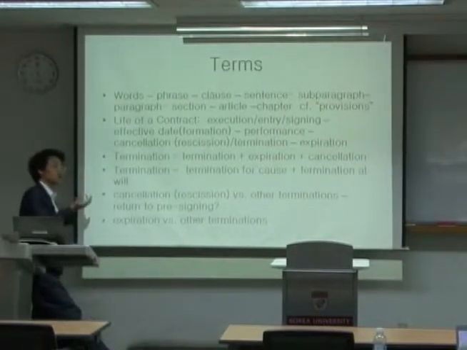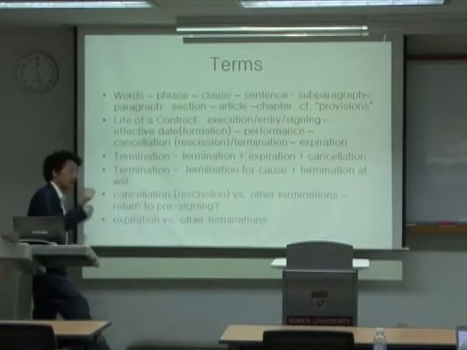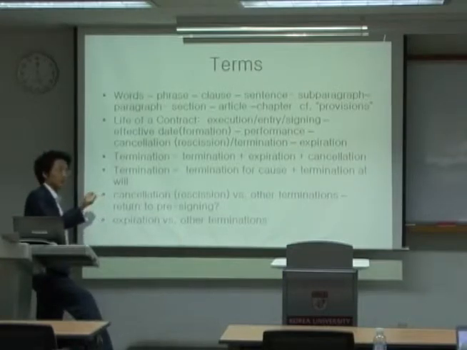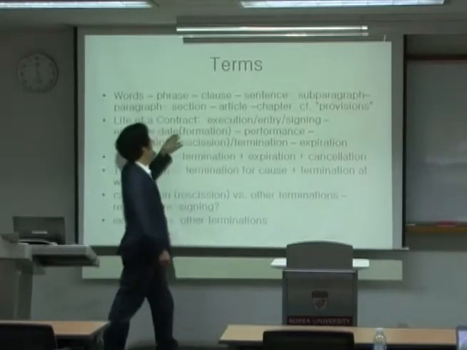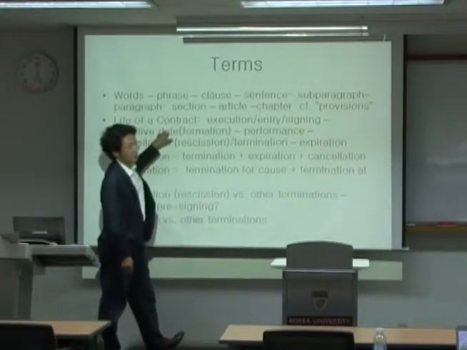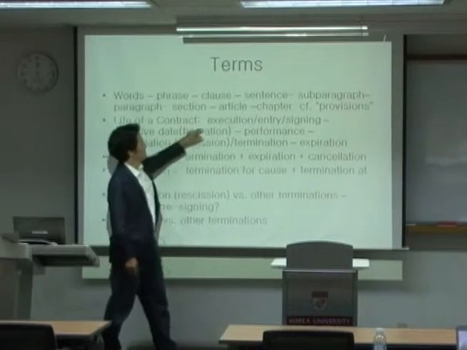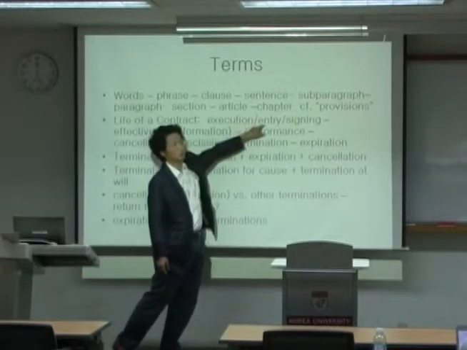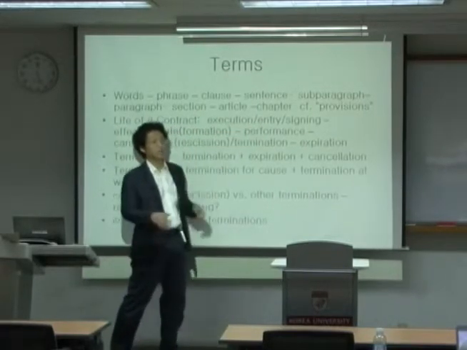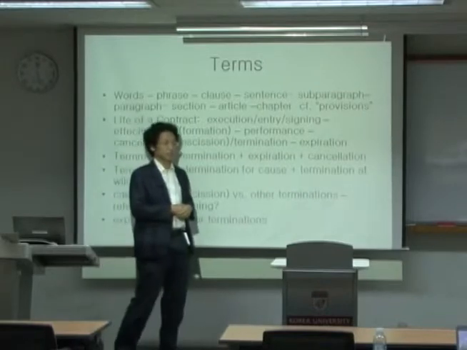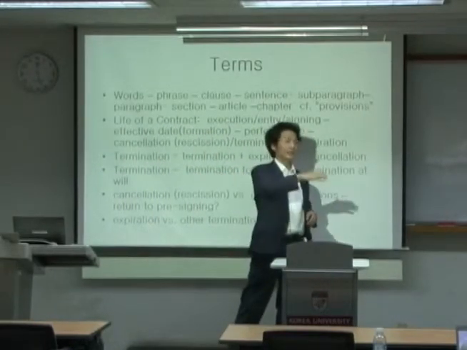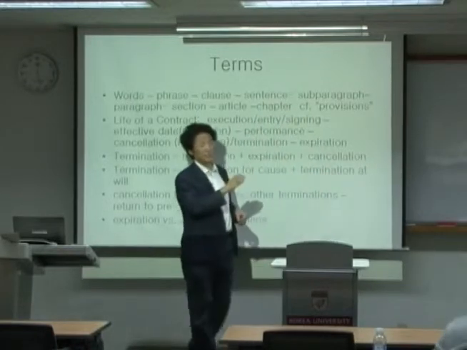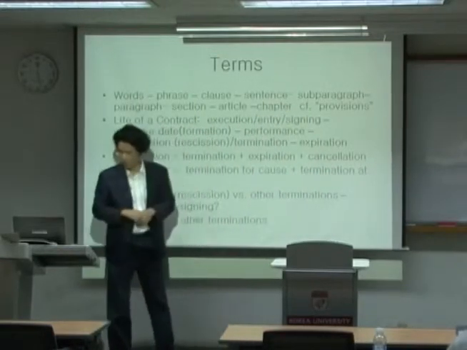This is when a contract becomes effective. Now notice that the effective date is not necessarily the same as the date of execution, entry or signing. A contract can become effective at a later date than the signing date. I'll talk about that soon.